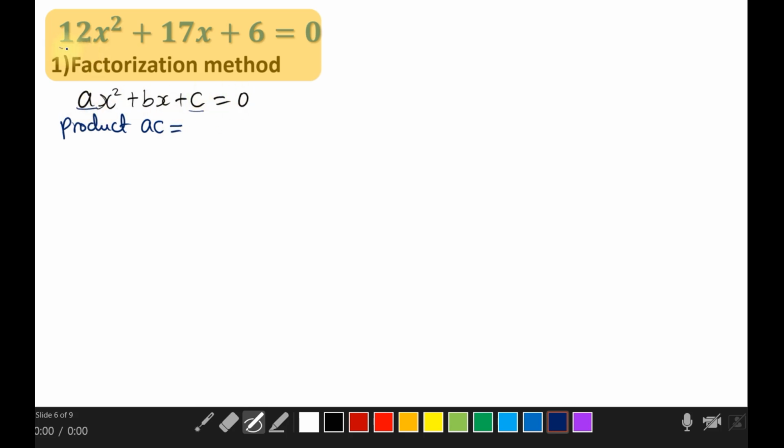So from the given equation, A is 12 and C is 6. That is 12 times 6 is equal to 72.